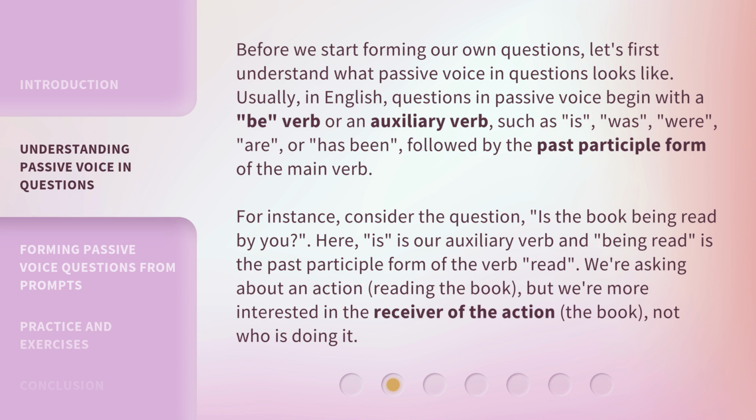For instance, consider the question, "Is the book being read by you?" Here, "is" is our auxiliary verb and "being read" is the past participle form of the verb read. We're asking about an action, reading the book, but we're more interested in the receiver of the action, the book, not who is doing it.